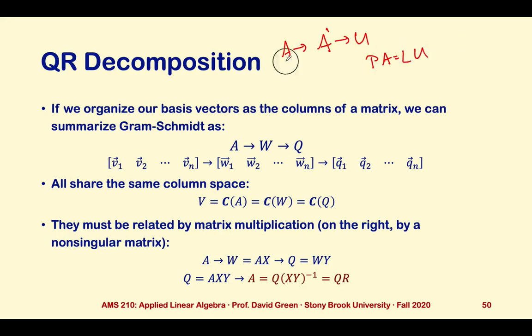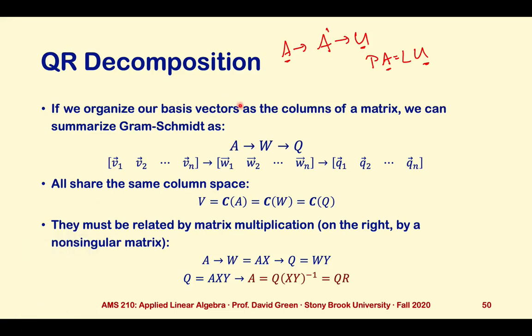Where we have A in here as our starting point, we have U in here as an ending point, and P represents the row exchanges, and L represented the steps of forward elimination, actually reversing them. It turns out that we can do something very similar with Gram-Schmidt, right?